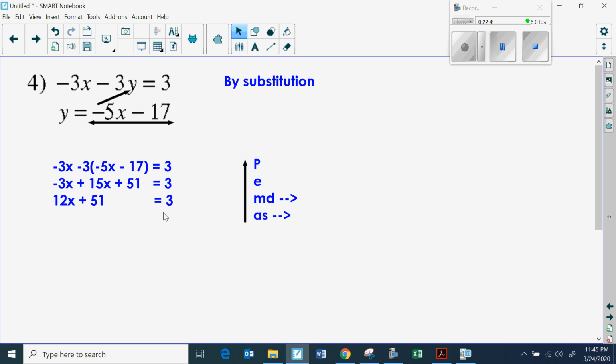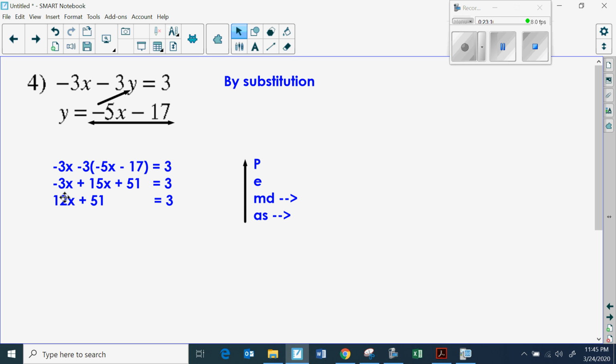Okay, so what's my next one? So we don't start applying this until we deal with distributive property and combining like terms first, and now we're doing reverse PEMDAS. So now we've combined like terms, we're to here, so now we're doing reverse PEMDAS. Add, subtract across first. Yes, we want to, since this coefficient on the x, which we're trying to solve for is 12, we get rid of the 51 to the other side.